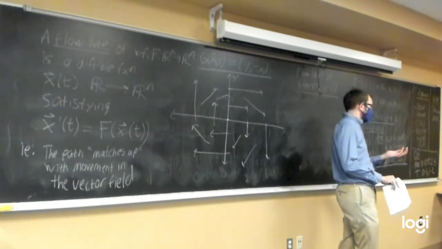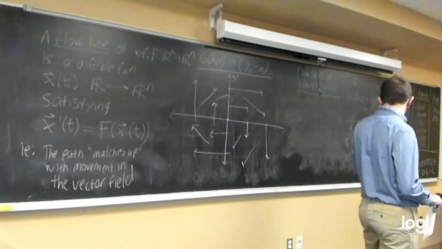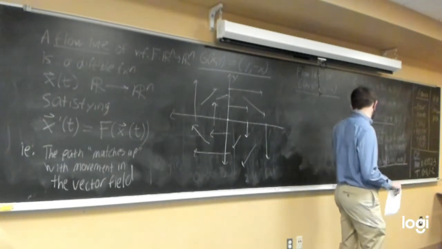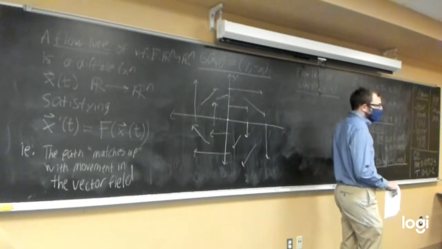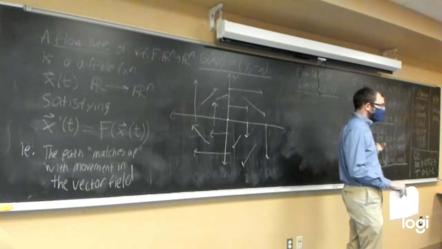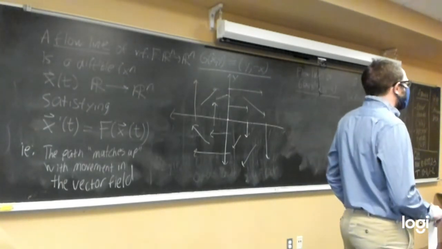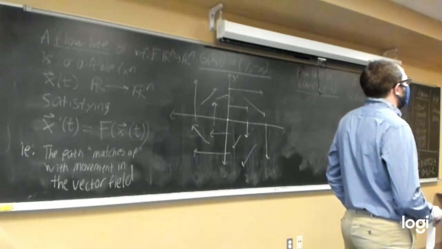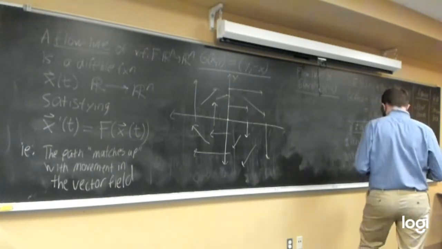Oh, we could have cosine and negative sine. Derivative of cosine is negative sine. Derivative of negative sine is the negative of cosine.